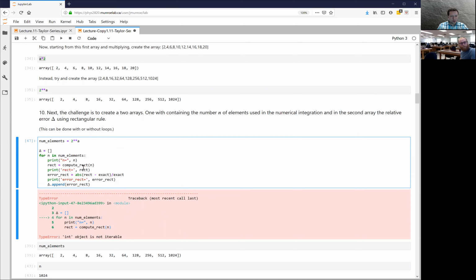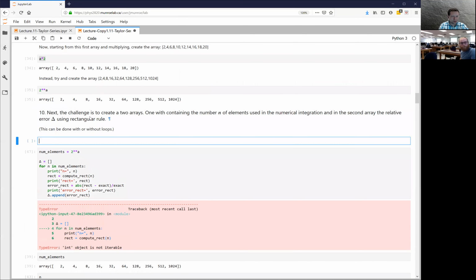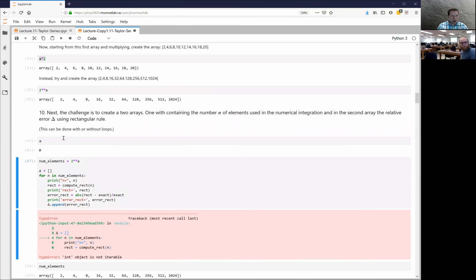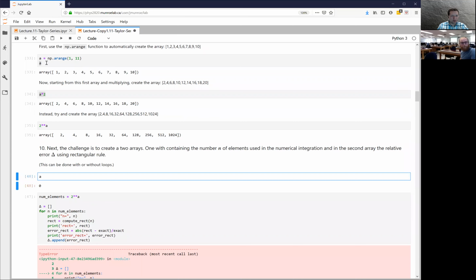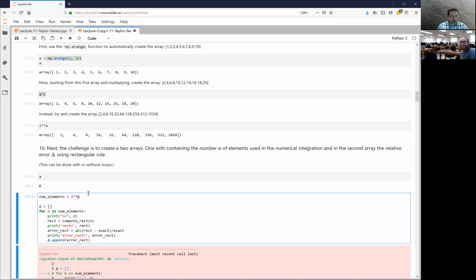Int object is not iterable. What it's complaining about is this thing. There. Oh, well, wait a second. A, for some reason, is no longer the right thing. Somehow, and I'm not sure how. Sorry, that took me a moment.